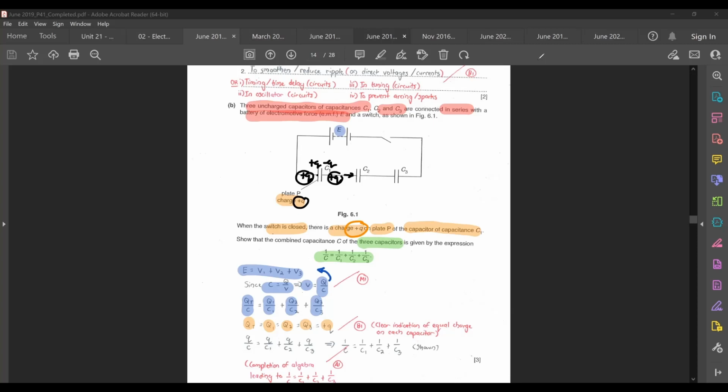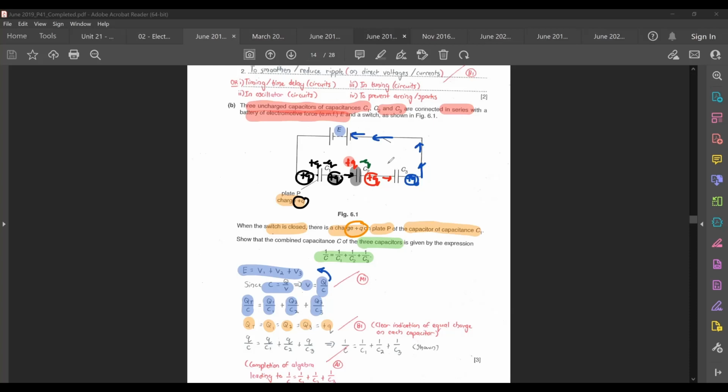And then when the negative Q here is pushed to the second capacitor, it gets deposited here, causing this plate to become positive Q. And then the same positive Q is repelled away, causing the other plate to become negative Q. So again, you can see that the process will repeat itself until eventually you see a charge of Q coming here.